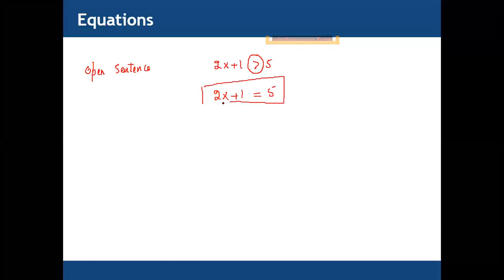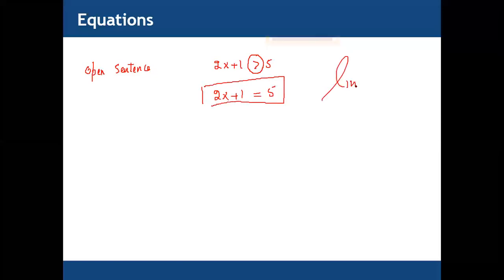For example, if we have an open sentence like 2x plus 1 is greater than 5, and we replace the greater symbol with an equality symbol, this is called an equation: 2x plus 1 equals 5. This is called a linear equation.